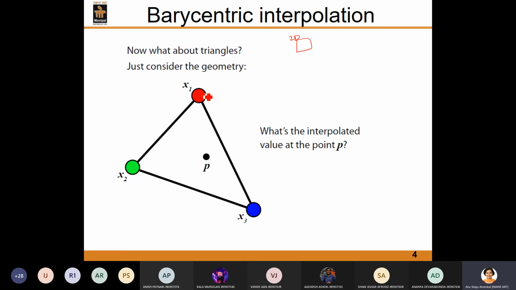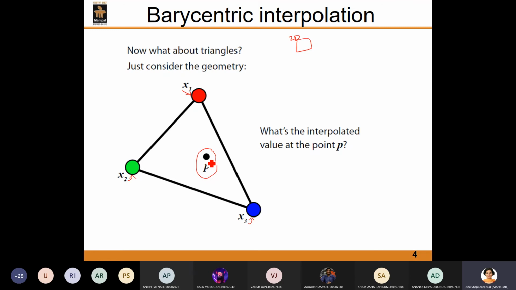The values corresponding to these pixels: in x1 the value is red, in x2 the value is green, and in x3 the value is blue. These are the intensities of these three pixels, and you want to interpolate that to find a value for the pixel which is present over here at p.